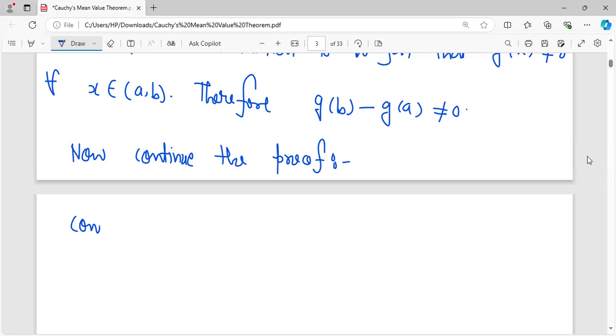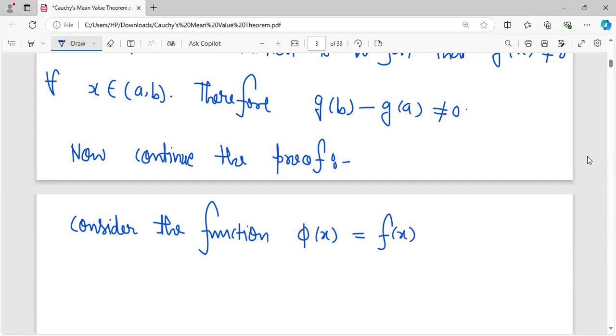Consider the function phi(x) is equal to f(x) plus a times g(x) for all x, where a is a variable.